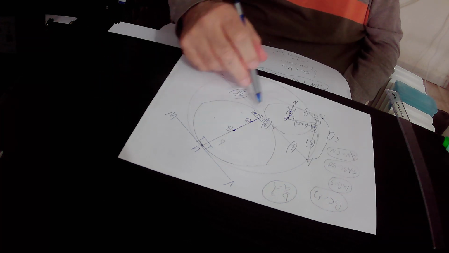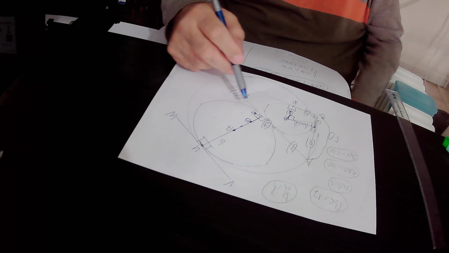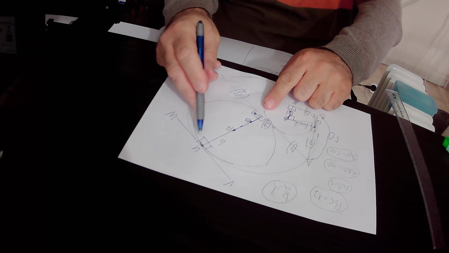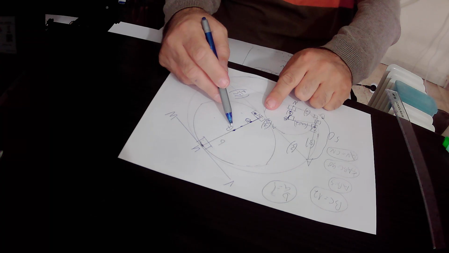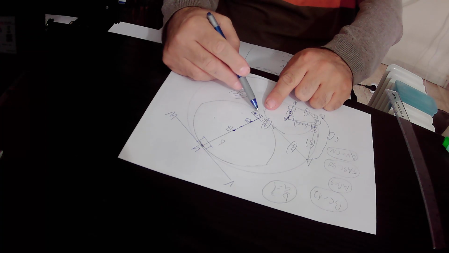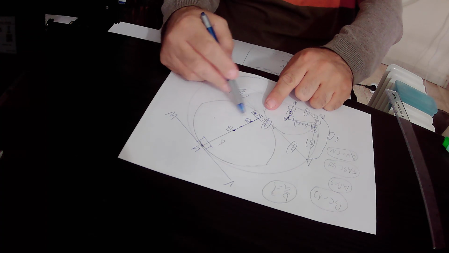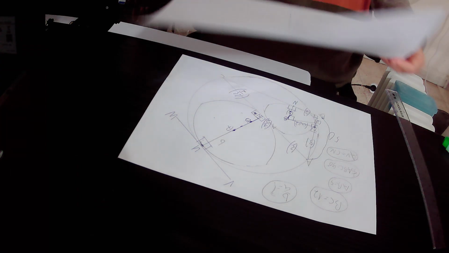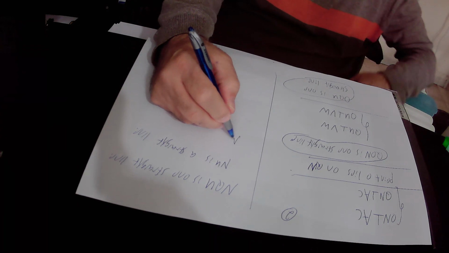But NU is a straight line that touches the circle at points N and U. Therefore, NU is a chord. NU is a chord that passes through point Q, the center of the circle, and any chord that passes through the center of the circle must be the diameter of the circle. Therefore, NU is the diameter of this circle.